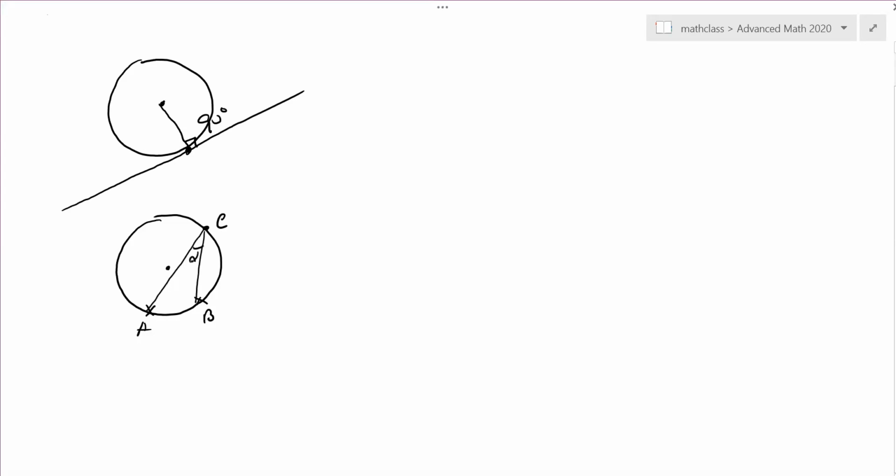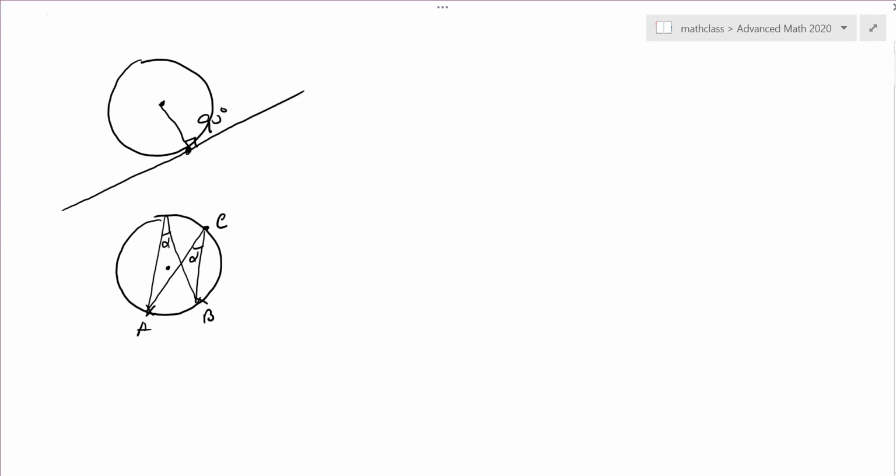You notice that this angle alpha is independent of the location of C. So if you move the point to here, you still get the same alpha.